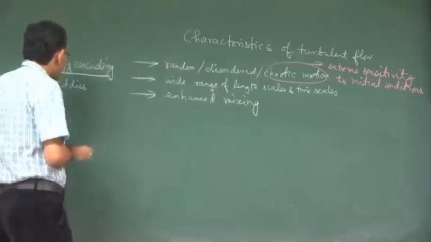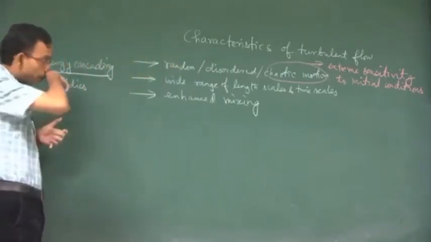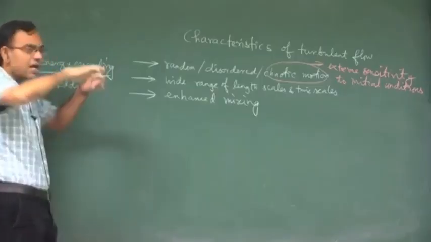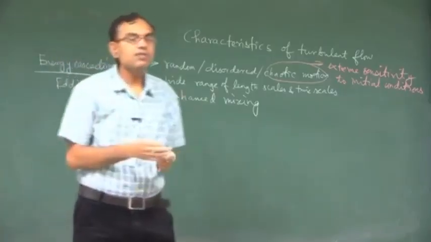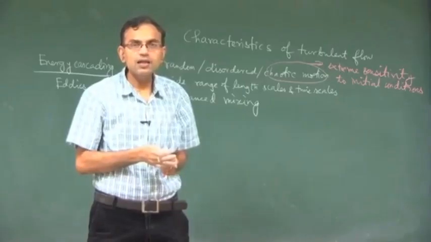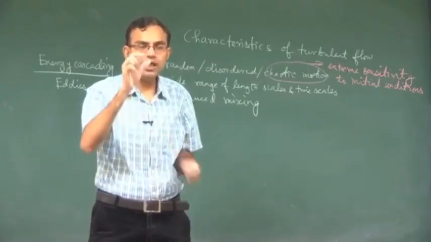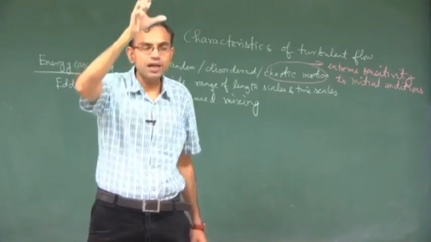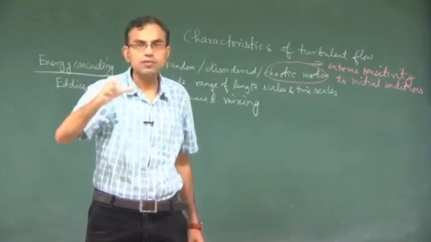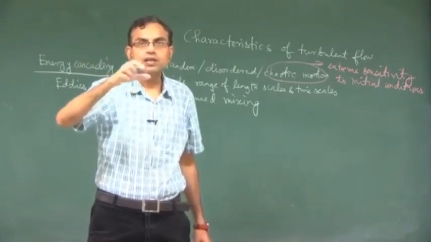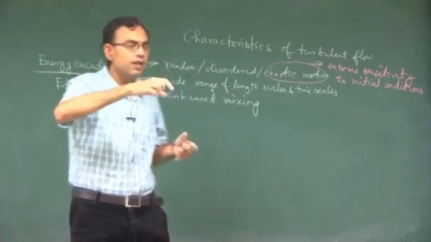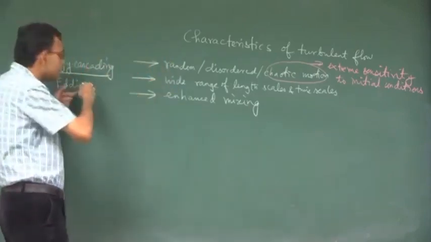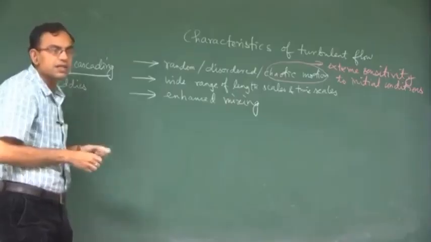So, you have a large eddy which can be as large as the diameter of the channel, and you can have a small eddy which is of molecular size. So, you have a wide range of length scales which have their gradation from the large eddy scale to the smallest eddy scale.